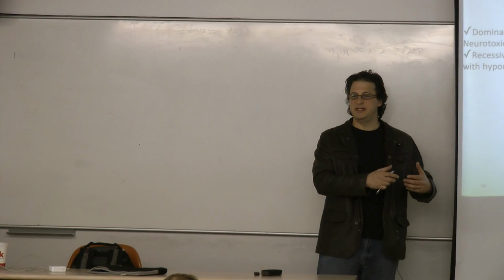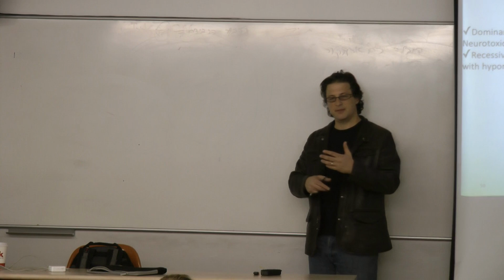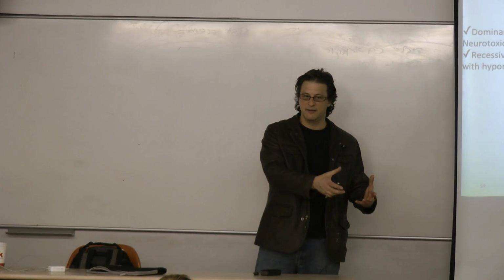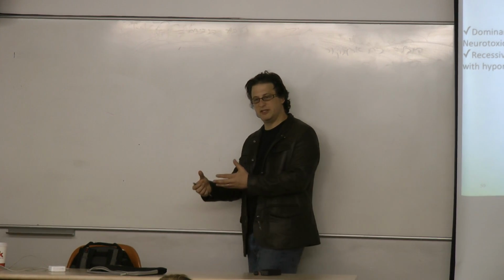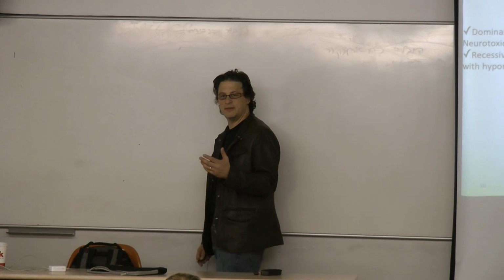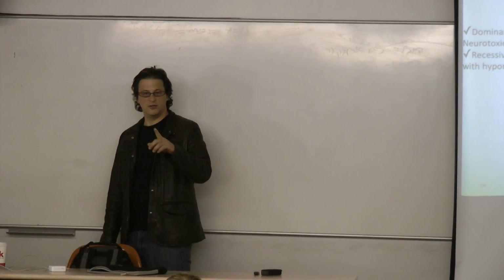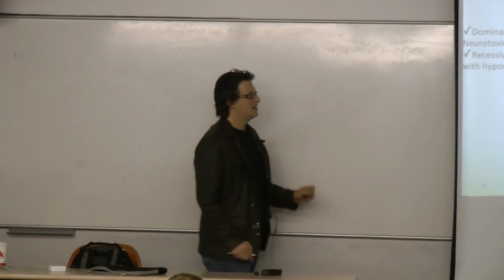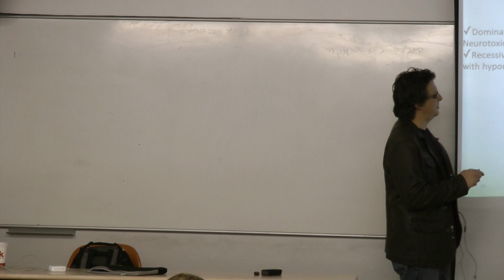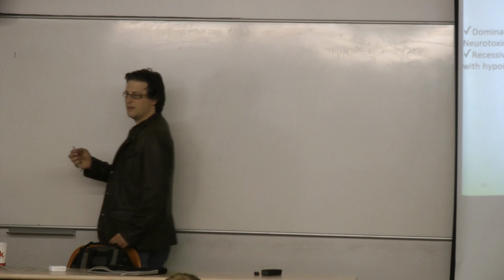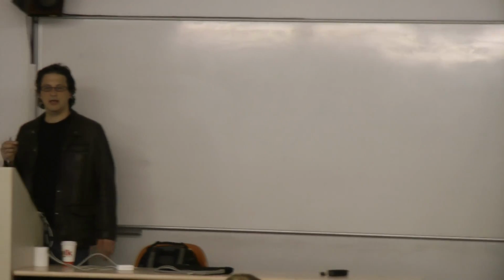Because the idea with these dominant diseases is not that something is missing. It's that the protein which is mutated is doing something bad per se. It's not just that you are losing the function of this protein, but you have a protein which has a dominant effect. You understand me or no? You don't? Okay. In the other case, you have recessive neurodegeneration. In recessive cases, you have mutations which inhibit the function of a protein.